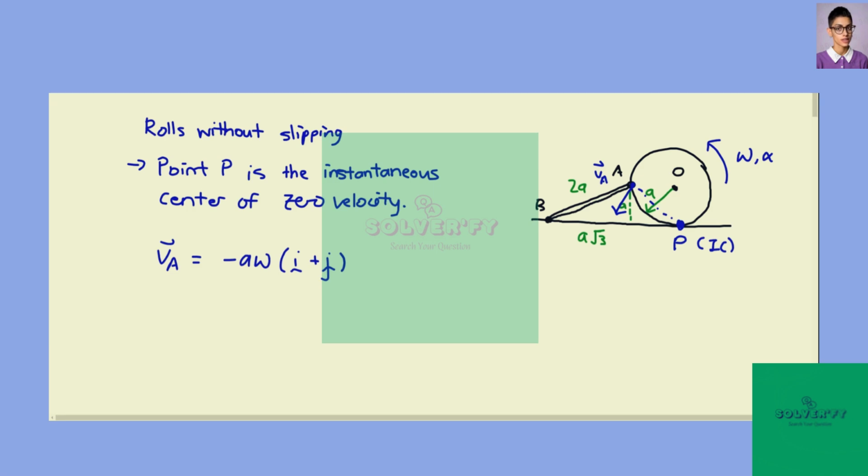Then we can determine VB. VB is equal to VA plus omega AB cross RB relative to A. As we expect, the rod turns clockwise.